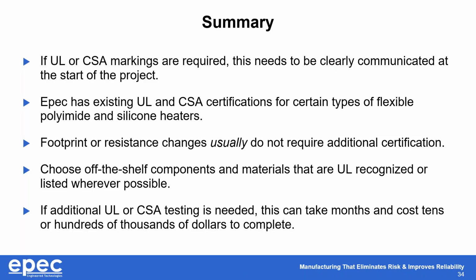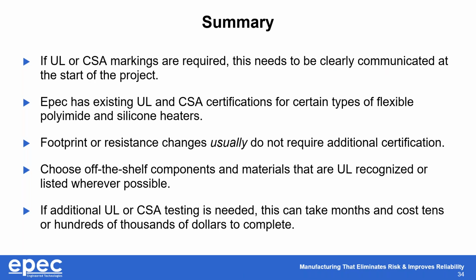We have existing certifications already that we can potentially use and apply to your products. This covers our polyimide and silicone heater designs. Changing the footprint or the fixed resistance value usually does not require additional certification, and it depends on several other things.